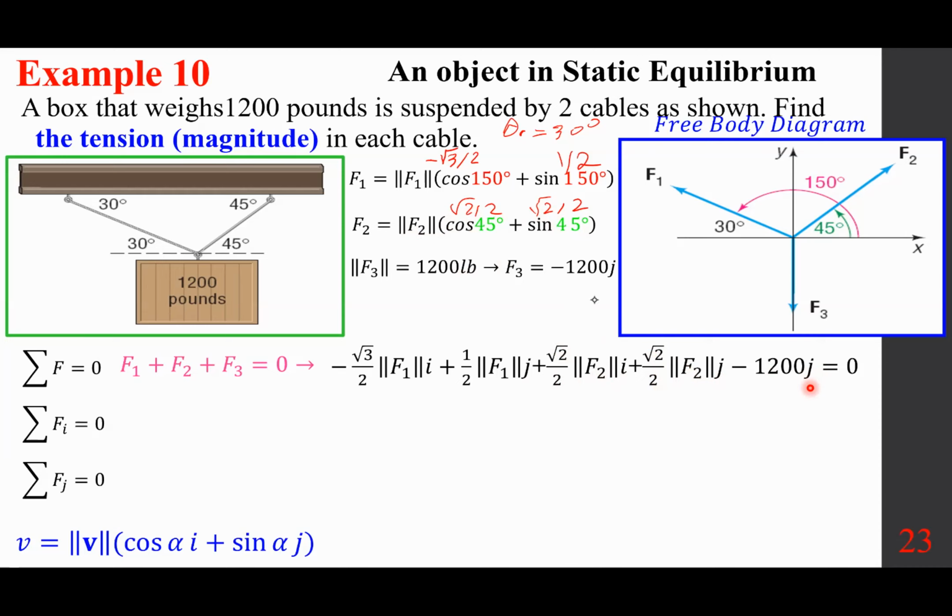It's been already done. So in order for this to be 0, each component must be 0, which means the i components, these two, must add up to 0.